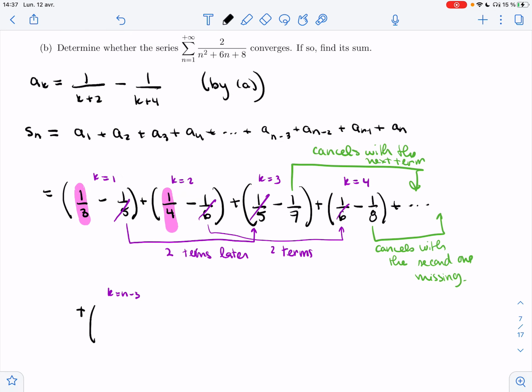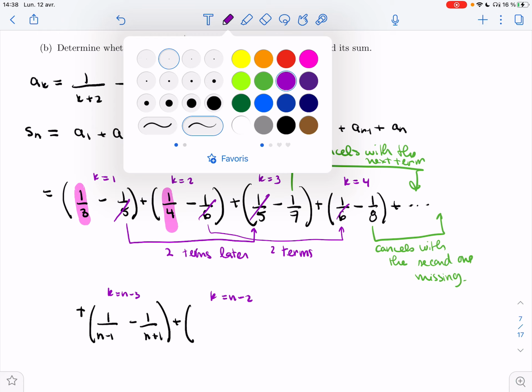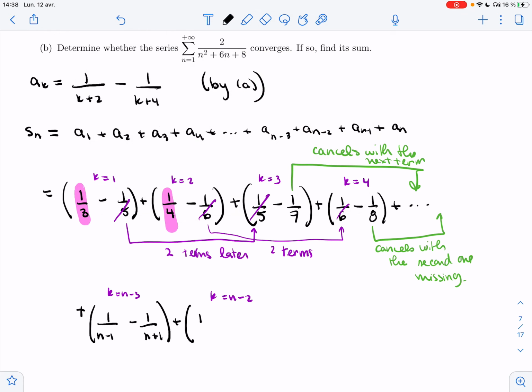So I have k equals n minus 3. That's going to be 1 over n minus 3 plus 2, that's n minus 1, minus 1 over n minus 3 plus 4, that's n plus 1. And then I'm going to take k equals n minus 2. I'm going to get 1 over n minus 2 plus 2, 1 over n minus 2 plus 4.